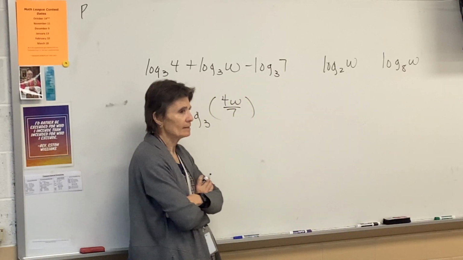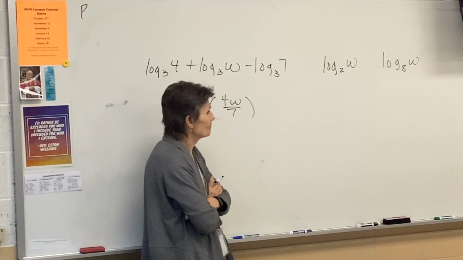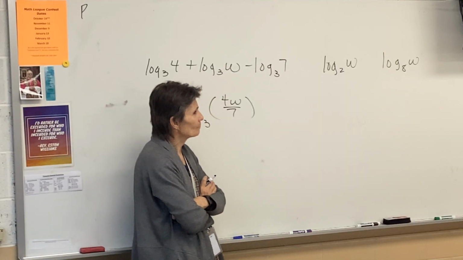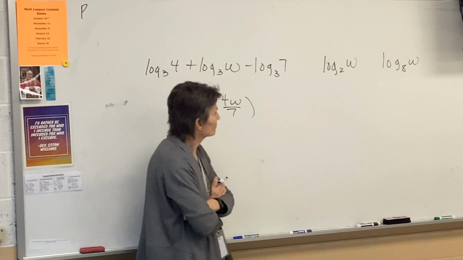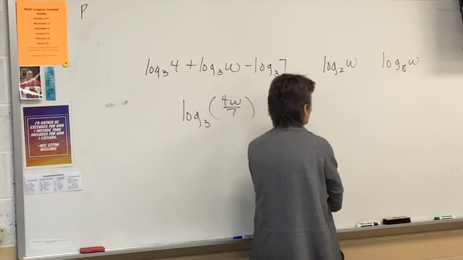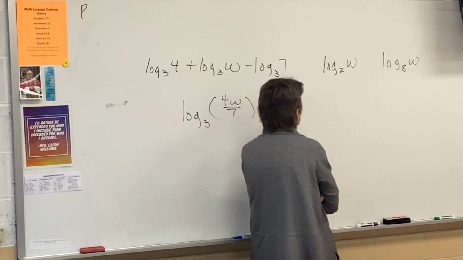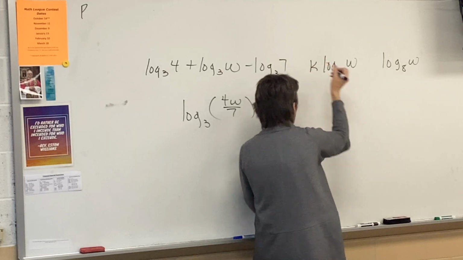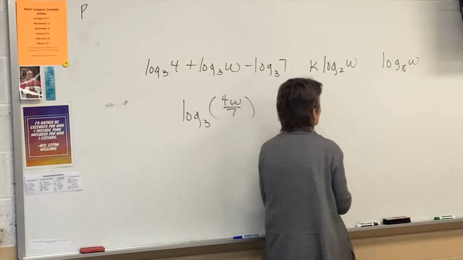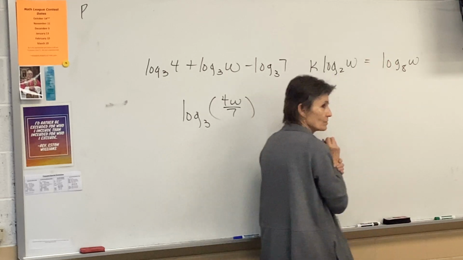Anybody have an idea? Charlie? Well, I was thinking back to the constant equation, and I was like, why don't we just add another constant to the problem? So I did a constant problem. So tell me what you did. I added a coefficient to the log 2 of W side. So put like K here or something? Exactly, yeah. And you said then, equals or something? Yes.